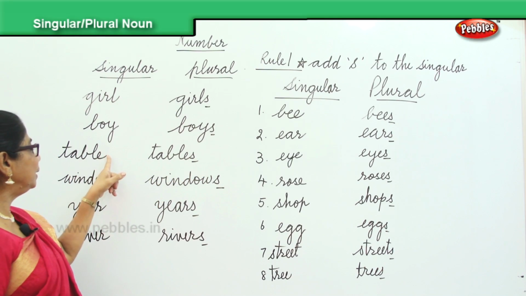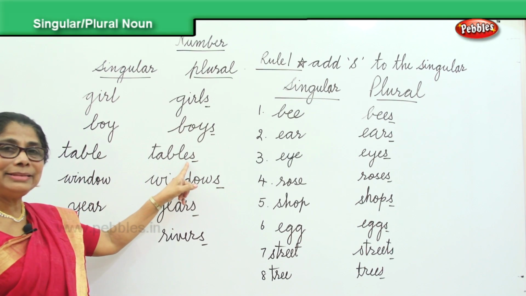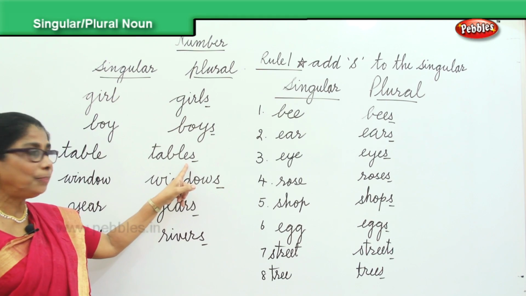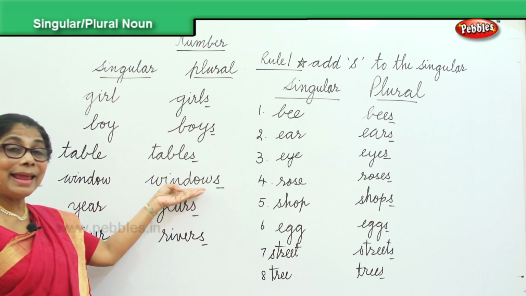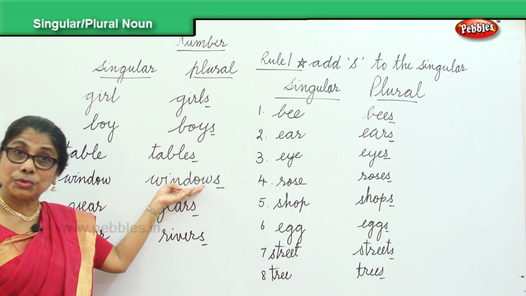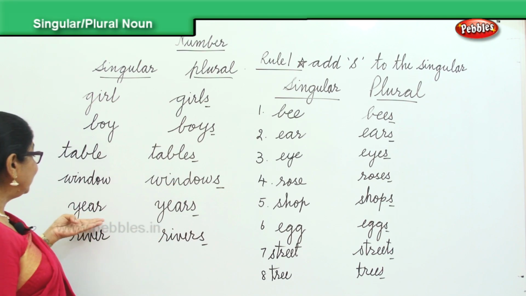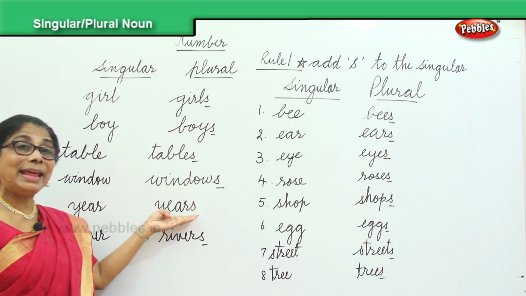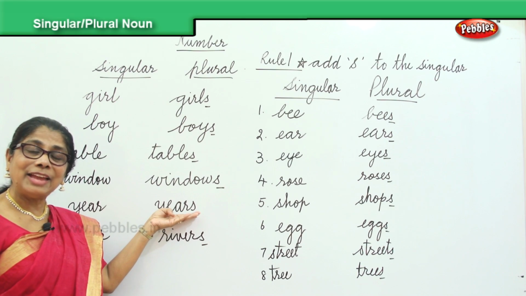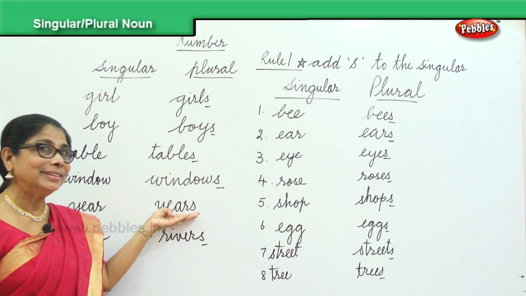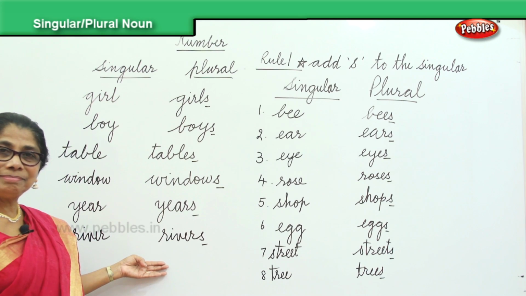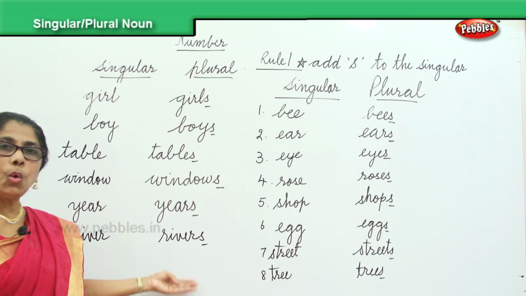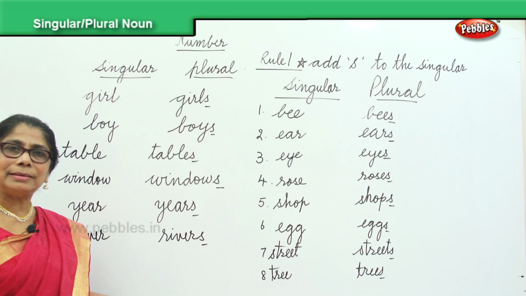Then you have table and you have added an s, you have tables to form the plural form. Window, you added an s and you have windows for the plural form. Ear, you have an s added at the end and you have the plural form ears. Finally, you have river, rivers, and you can go on. Look at all the things in the class.